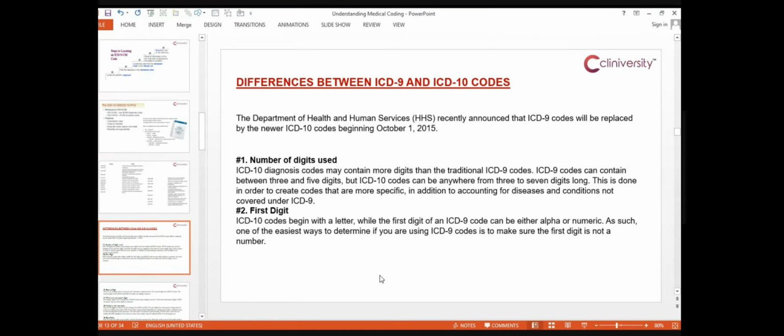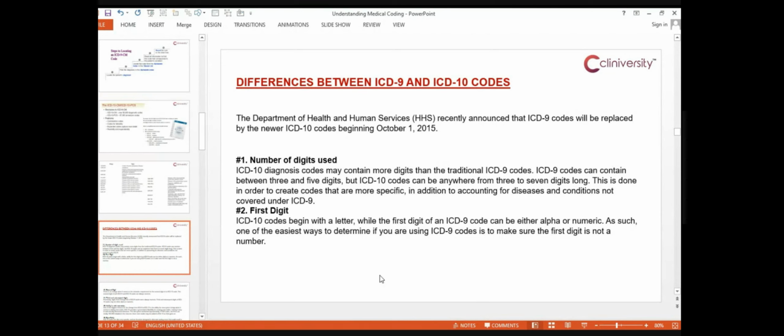First is the number of digits used in codes. ICD-10 diagnosis codes may contain more digits than traditional ICD-9 codes. ICD-9 codes can contain between 3 and 5 digits, as I told you before, but ICD-10 can be anywhere from 3 to 7 digits long.